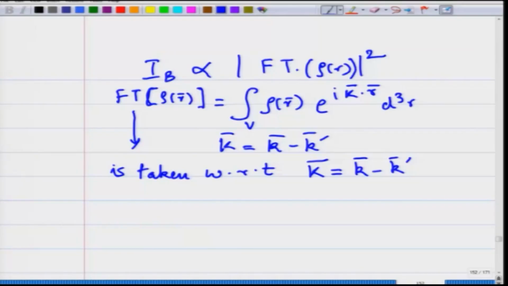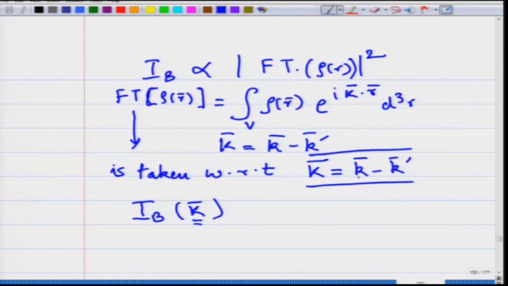The density distribution of the crystal, the Fourier transform of that density, plays a role in determining the intensity of your scattered light, and therefore your I of B is a function of this quantity K, which is the difference between the incoming wave vector and the outgoing wave vector, and you take a Fourier transform.